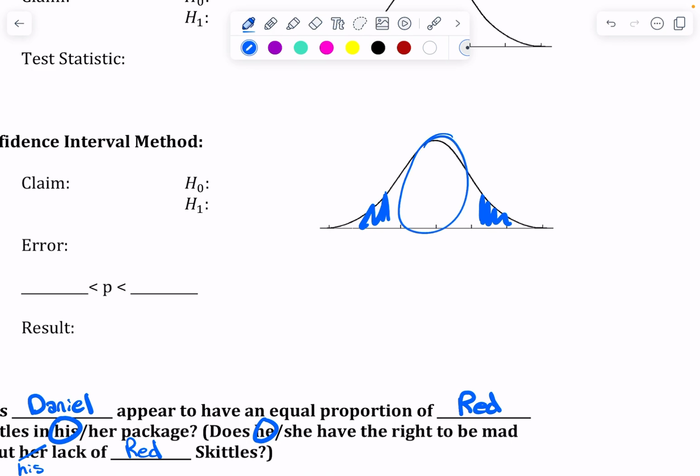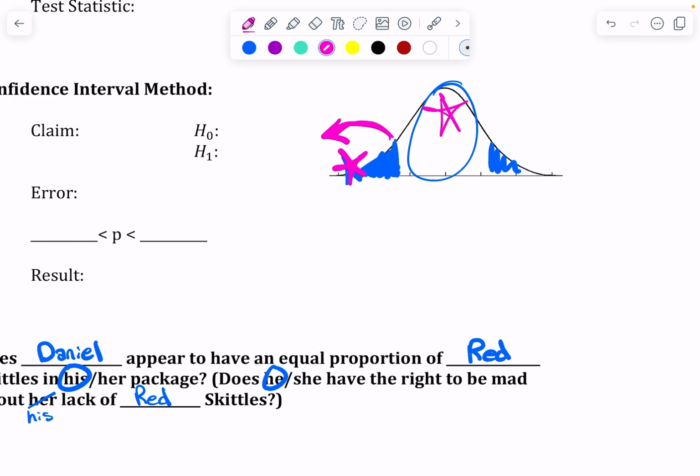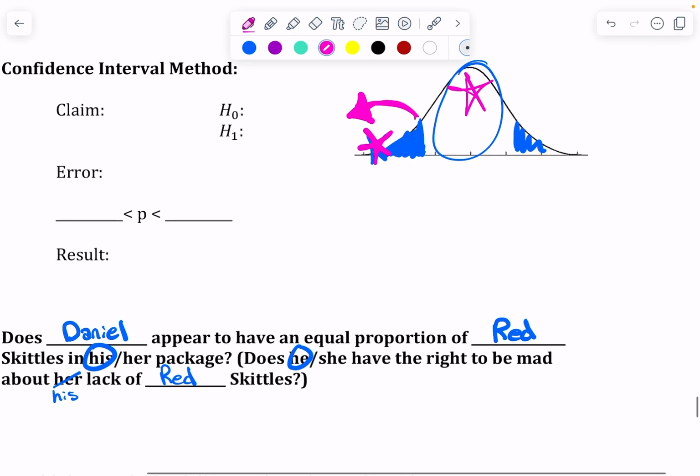If I end up with my data outside of the 20%, which would be on the left side because he has a low number of red Skittles, if we conclude that he does in fact have a lesser number of red Skittles than everybody else does, like in here, if we conclude that his number actually lives over here, he would probably have a right to be upset, like he would have a right to be mad for having a lack of red Skittles because it is significantly lower than 20%, okay?